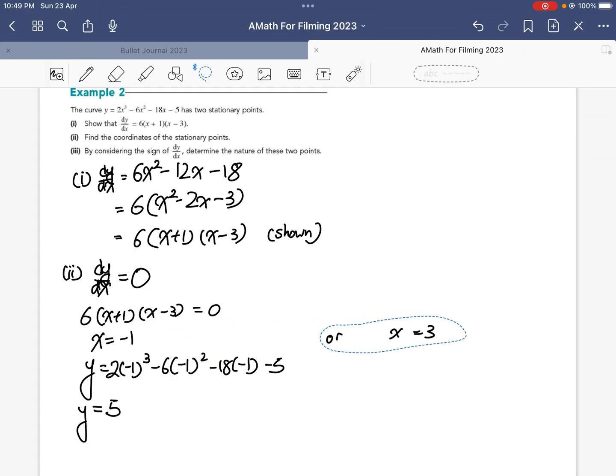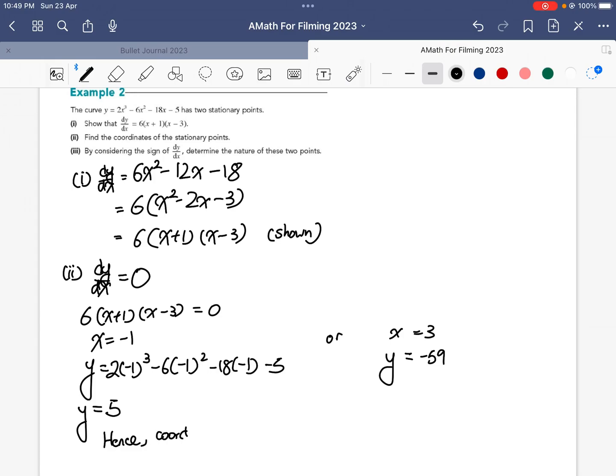So similarly, for x equals 3, you substitute that into the equation of the curve itself. You find that your y value is equal to negative 59. So hence, the coordinates are (negative 1, 5) and (3, negative 59). So I found the coordinates of my stationary points.